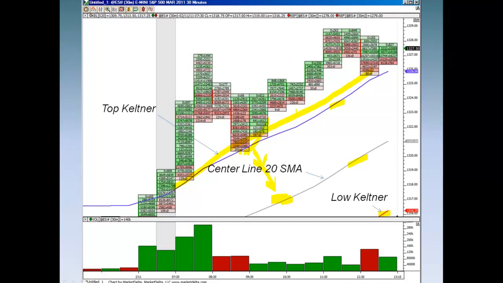If in fact prices started dropping, fell below the 20 simple moving average, and then started to drop even lower than the lower Keltner, well, certainly now the market is telling me that things are changing, and the direction of the market may in fact be taking a completely different turn. This is how we use these tools.